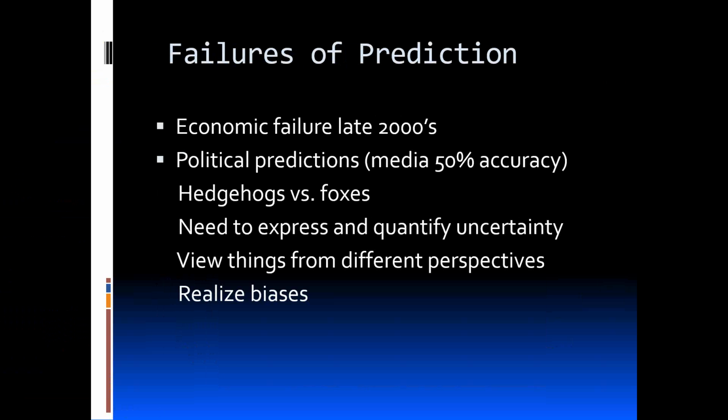We need to express and quantify uncertainty. When we make a prediction or when physicians have a diagnosis, they need to quantify and express how uncertain they are about that prediction. And we're going to talk about that in more examples as we go along.